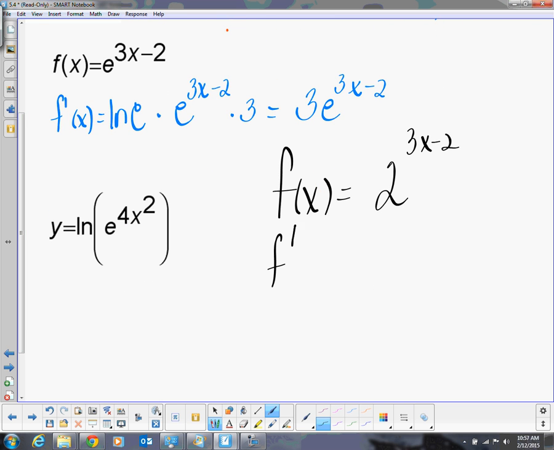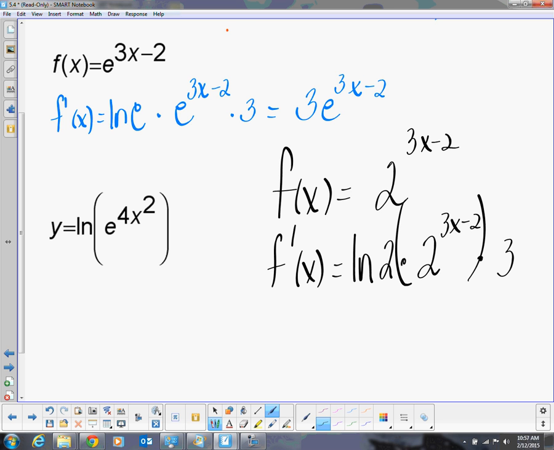Because what is this derivative? ln of the what? Base times the function as it appears. And what's the derivative of the function? 3. Now, you want to put this in parentheses because exponents come before multiply. You cannot multiply this base by anything. Does ln 2 disappear?